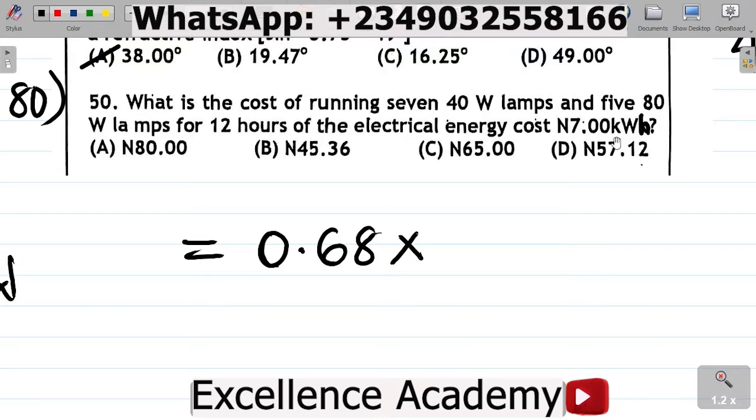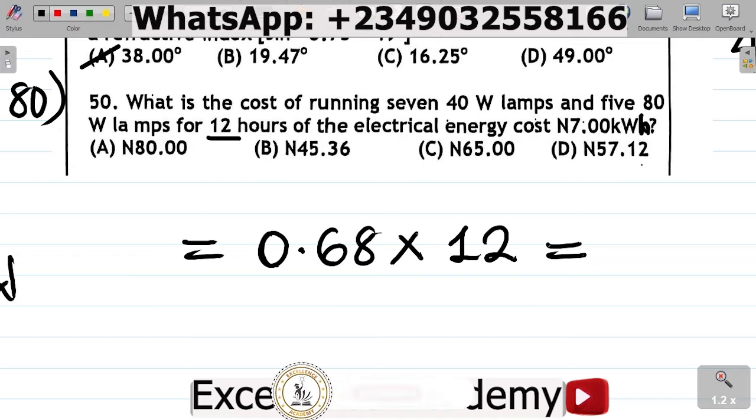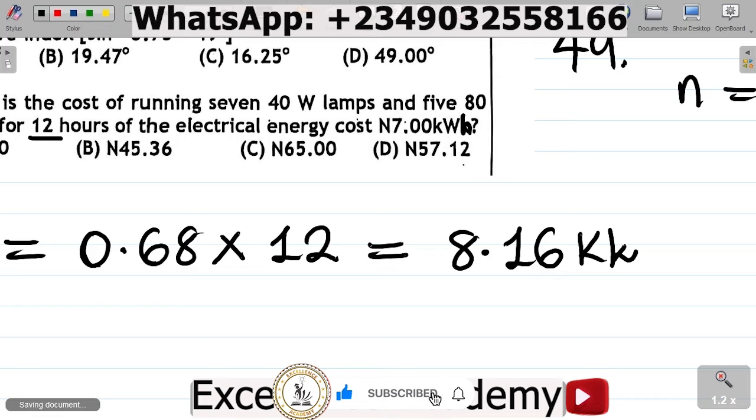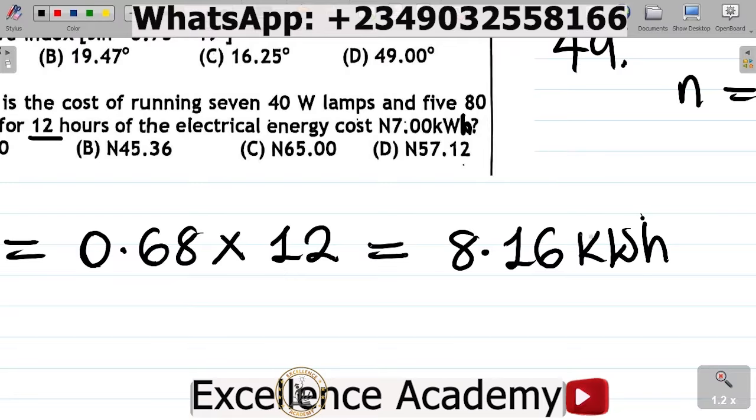Kilowatt hour means multiply the power, kilowatts, times the time, hours. So that's equal to 0.68 times 12, and that's 8.16 kilowatt hours when you multiply this.